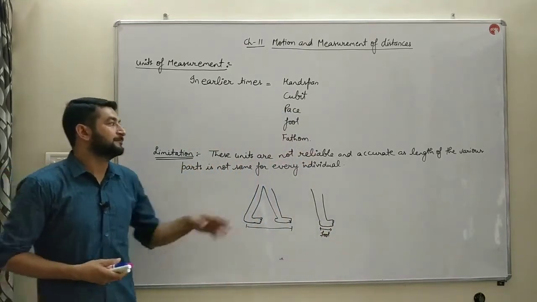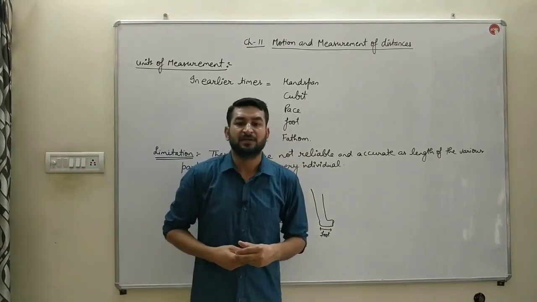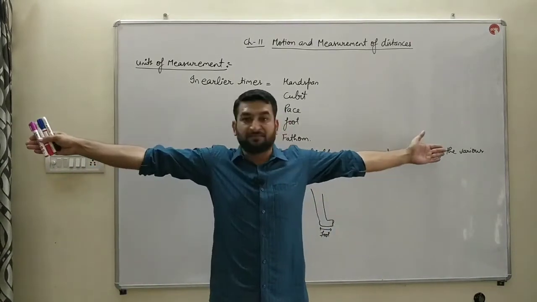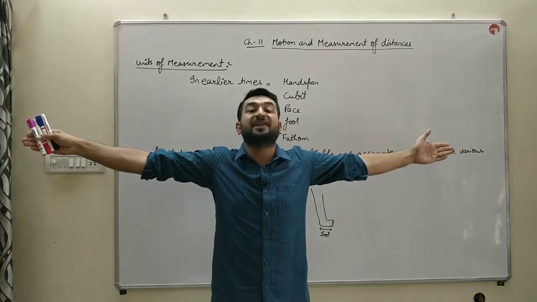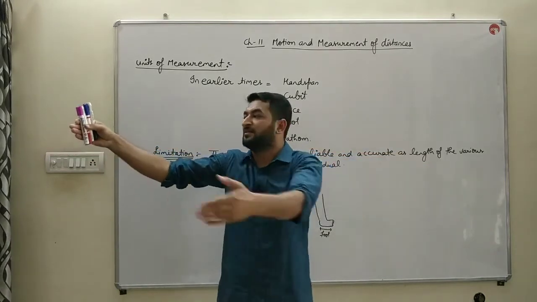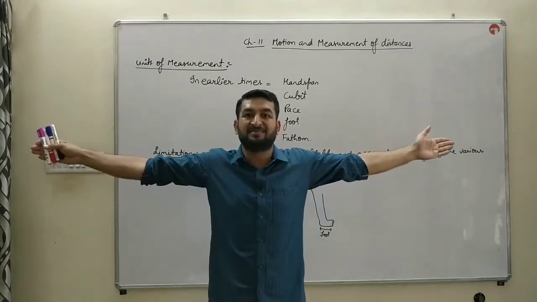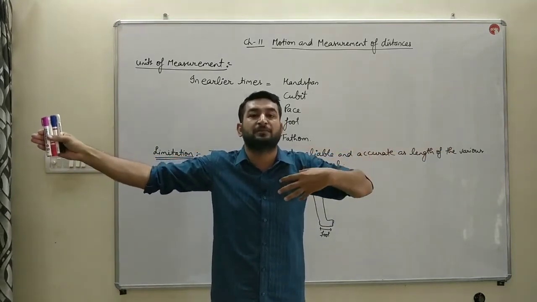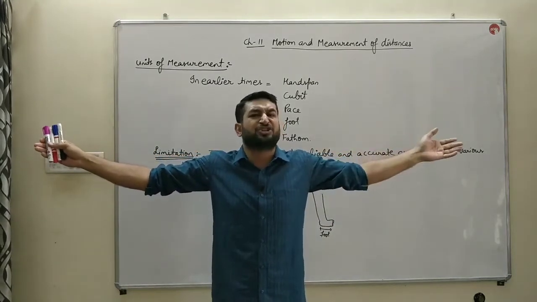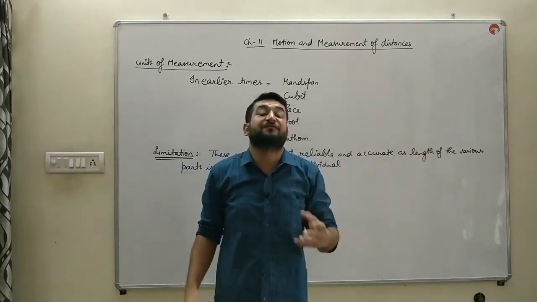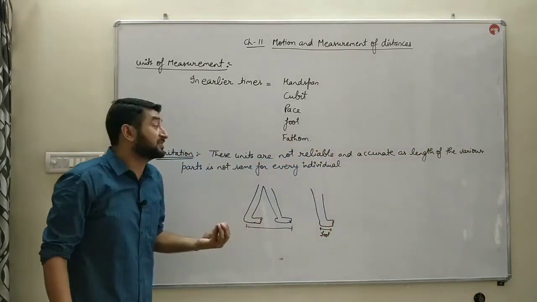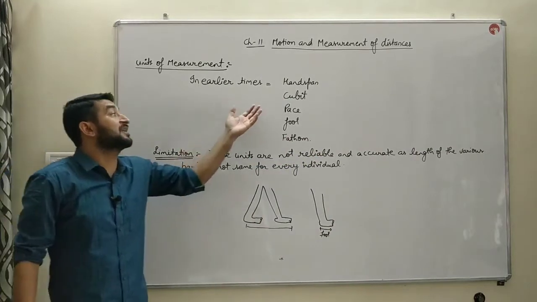Next, fathom. What is fathom? The stretched arms are considered as 1 fathom. That is, the length from this tip to this tip when I stretch my arm, that is known as 1 fathom. It is approximately 6 feet. This is fathom. So these were the rough units which we used in earlier times.